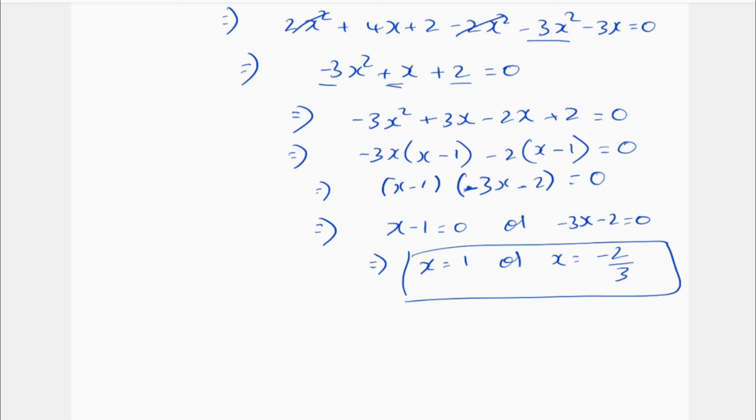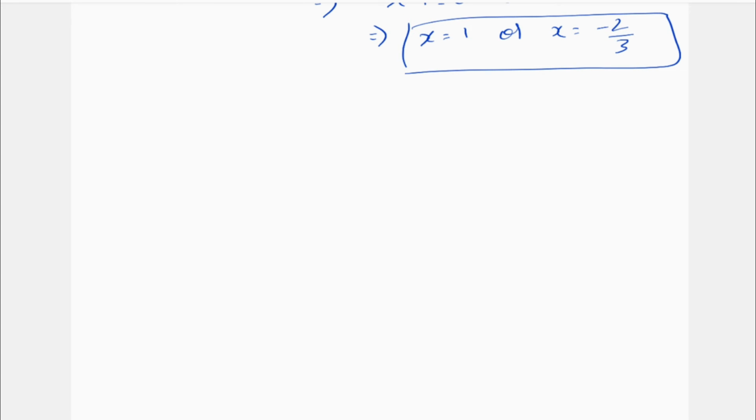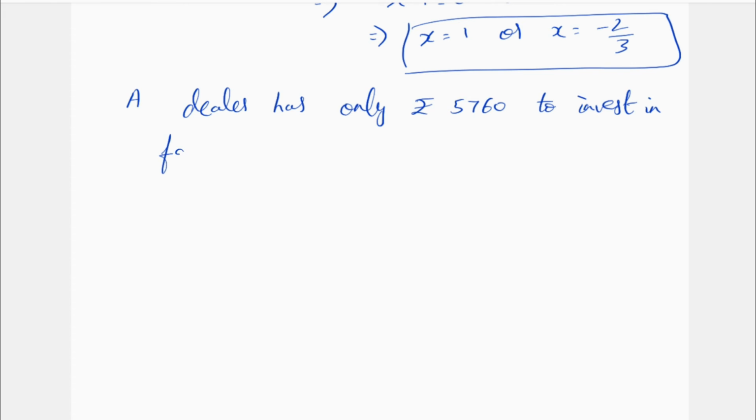Now let us go to the next question. The next question is: a dealer has only rupees 5,760 to invest in fans (x) and sewing machines (y).